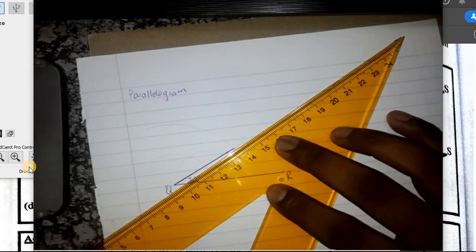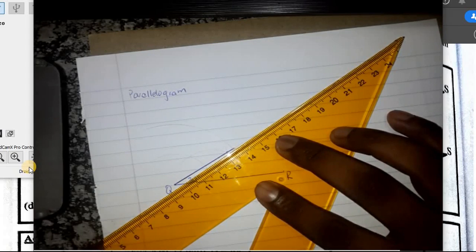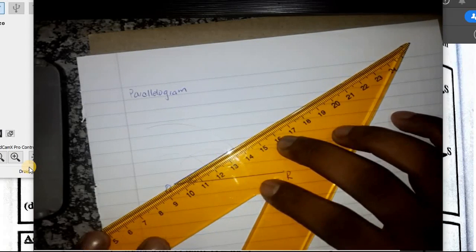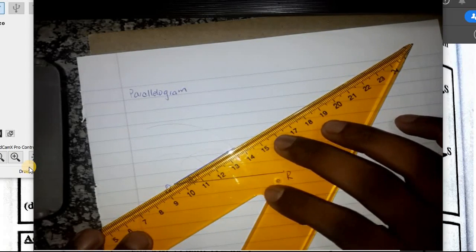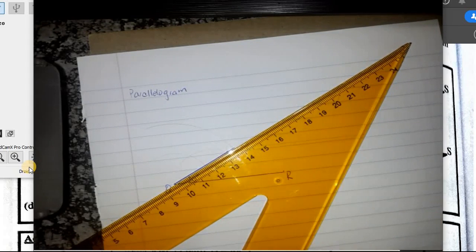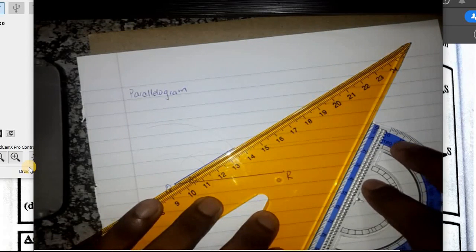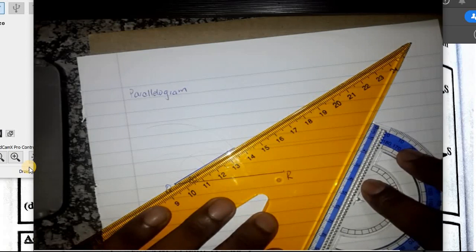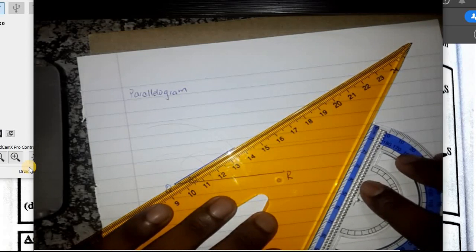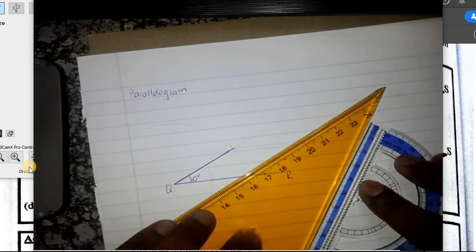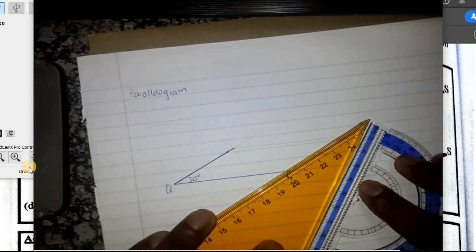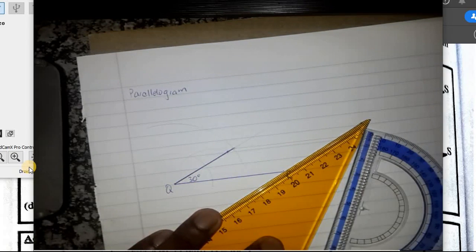Let me try and just put this in here. Okay, so I'm working with a cramped space here. Okay, there we go.